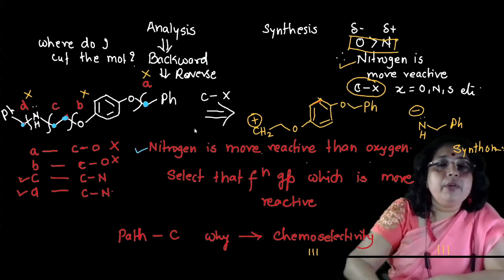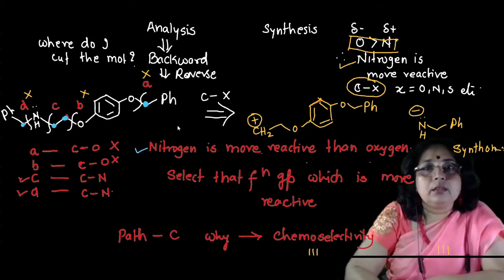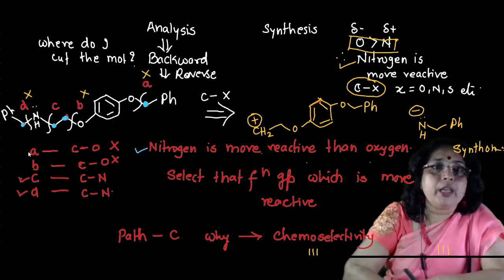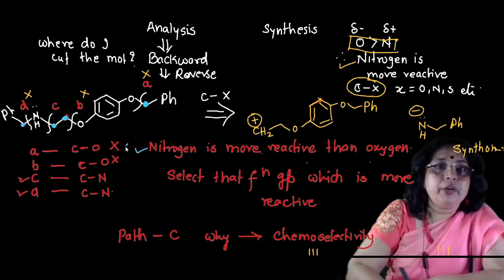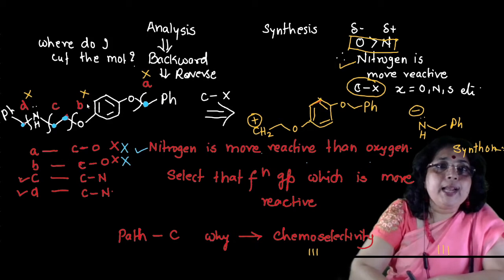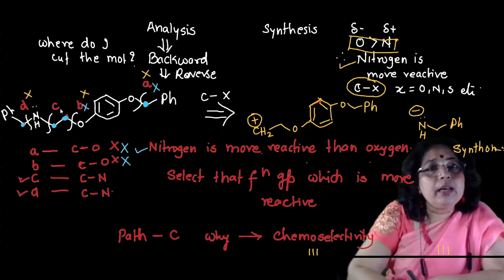Now here we have to disconnect that functional group which contains the nitrogen. Now here there is no question of carrying out a disconnection having C-O groups. So we discard these two possibilities, B and C are discarded. Then let us consider the two possibilities, C and D.